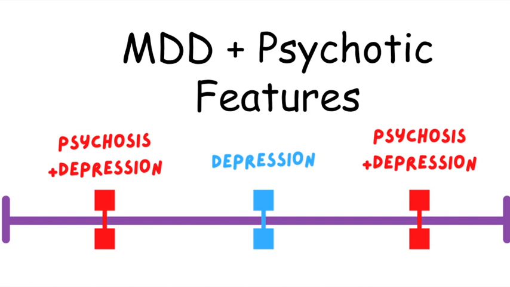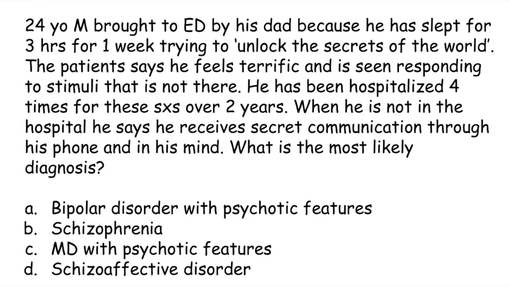Now let's take a closer look at the last question from the quiz in part 1 of this series. A 24-year-old male is brought to the ED by his dad because he has slept for 3 hours for 1 week trying to unlock the world's secrets. The patient says he feels terrific and he is seen responding to stimuli that is not there.